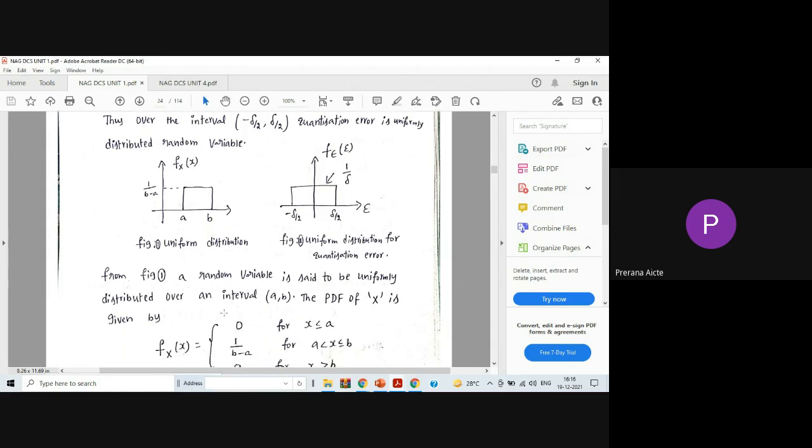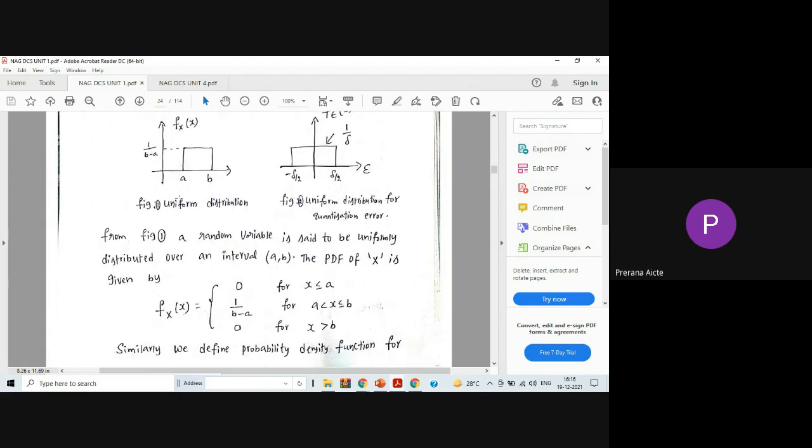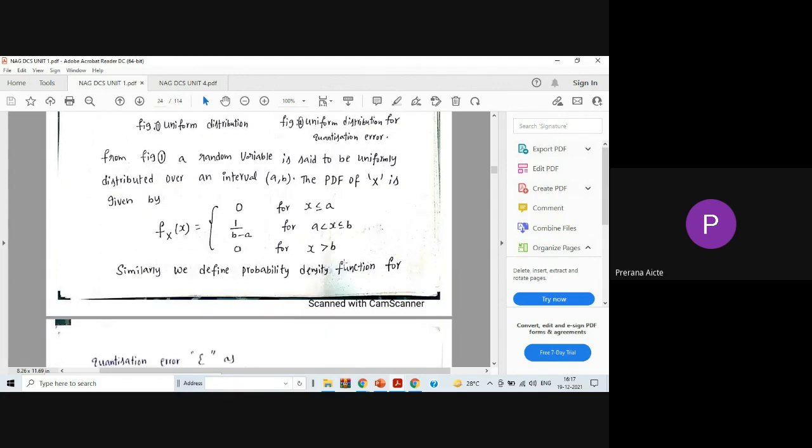So what is that? From figure 1, a random variable is said to be uniformly distributed over the interval a to b means how do you define the probability density function? See from these equations. Fx of x equal to 0 when x is less than a, and 1 by b minus a when it varies in the interval a to b, and it is 0 for x value greater than b.